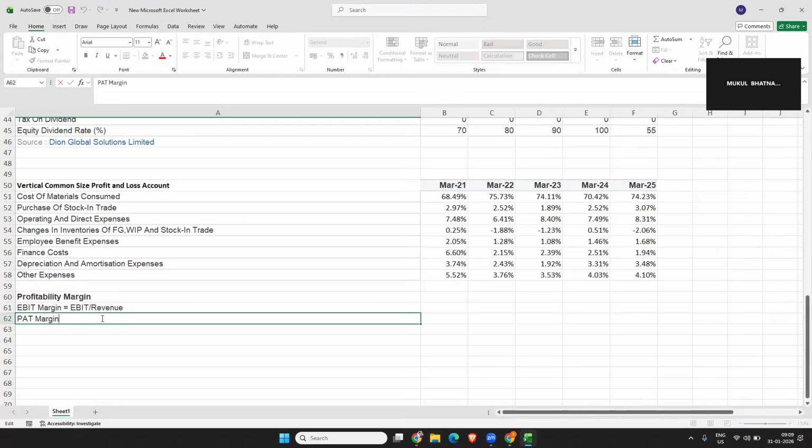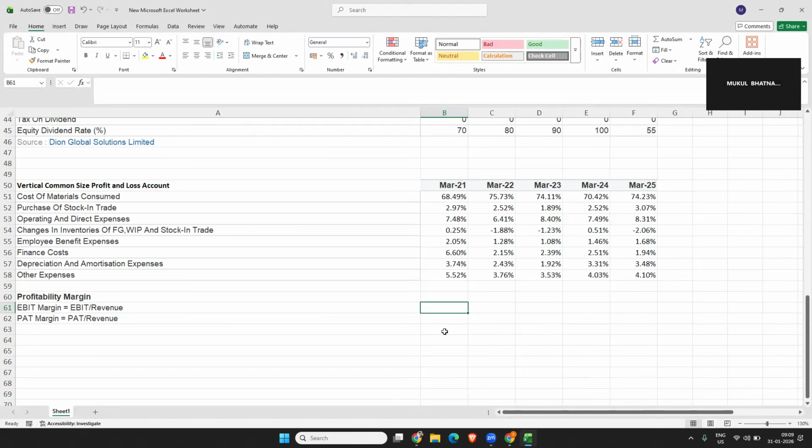Then the formula for profit margin, simple: profit after tax divided by revenue. PAT divided by revenue. So now you have the formula. I think everyone will be able to apply it and find it for every year. So EBIT divided by revenue.